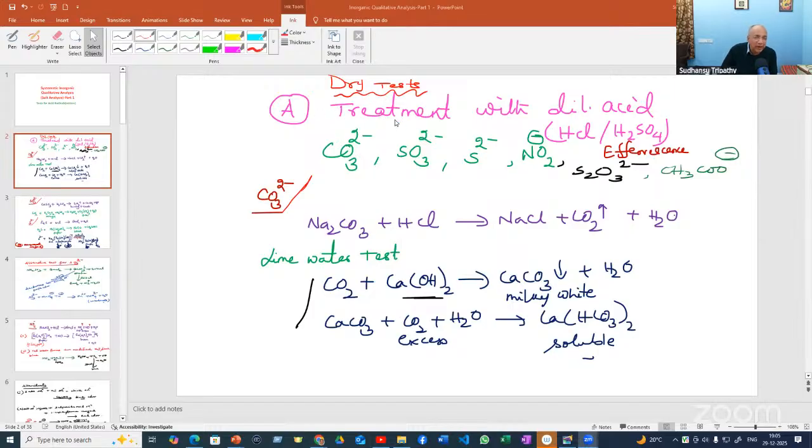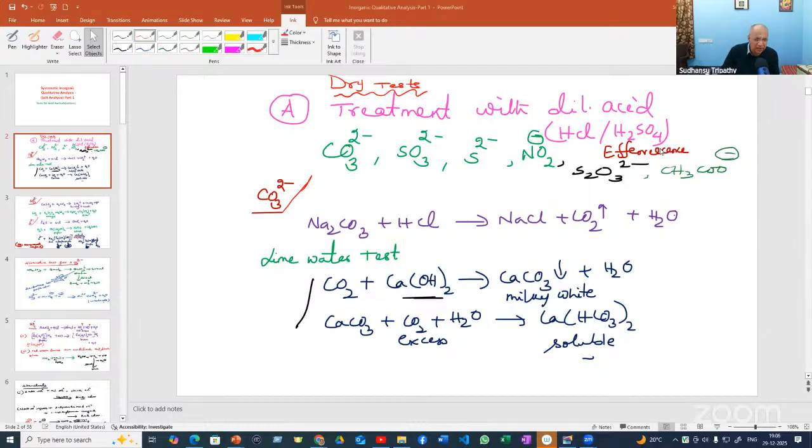Without preparing a salt solution, maybe water extract, or I will tell you about sodium carbonate extract, nothing. Take a pinch of the salt. First, take a test tube, add a bit of dilute acid. This category is the gas evolution reaction, using a non-oxidizing dilute hydrochloric acid or dilute sulfuric acid.